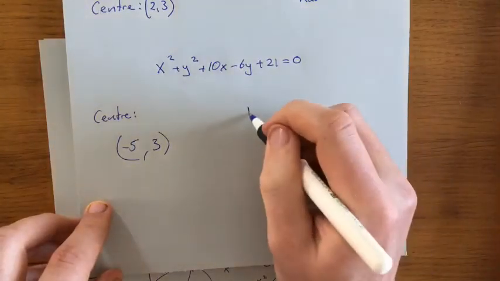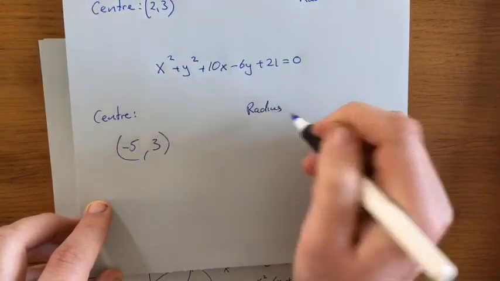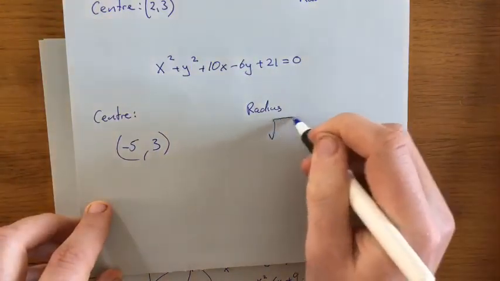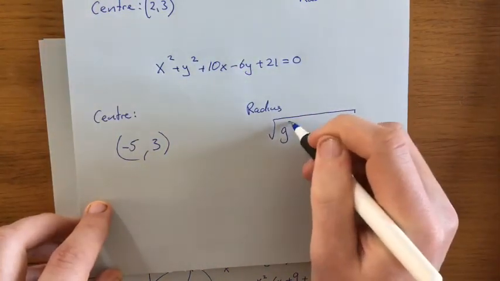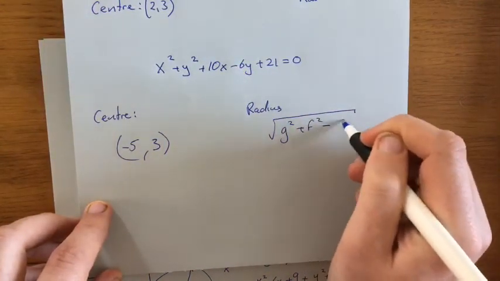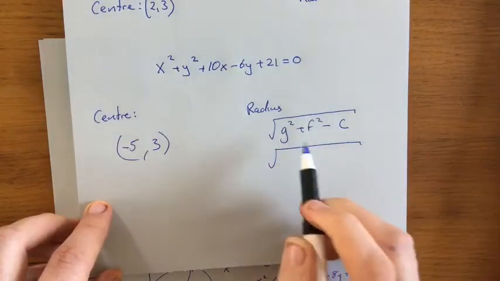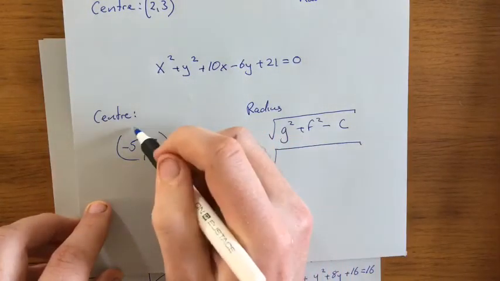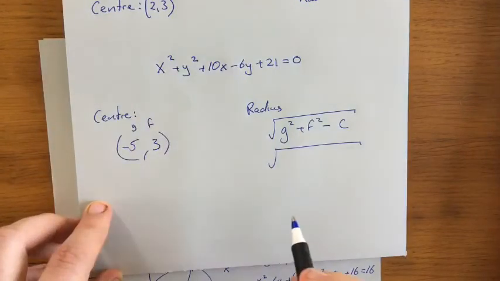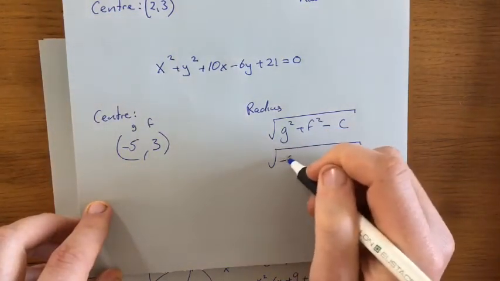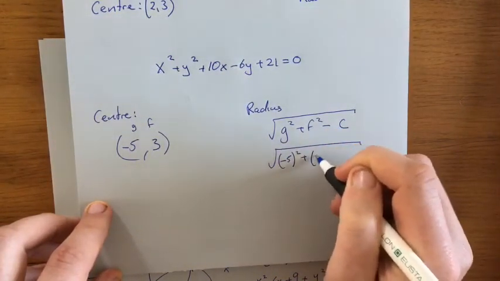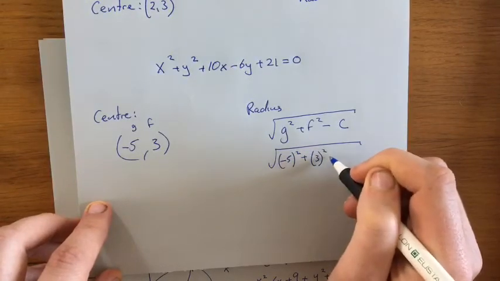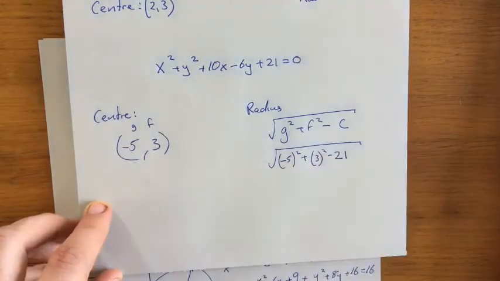If it's in this format then, to find the radius, we have to use this format here: g squared plus f squared minus c. And then again, what is g and f? Well, g and f is actually your center when it's in that format. So it's going to be minus 5 squared plus 3 squared and then minus 21.